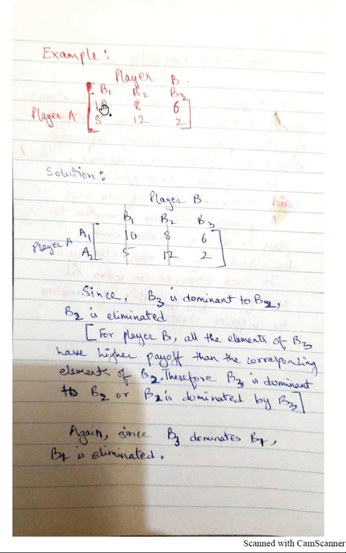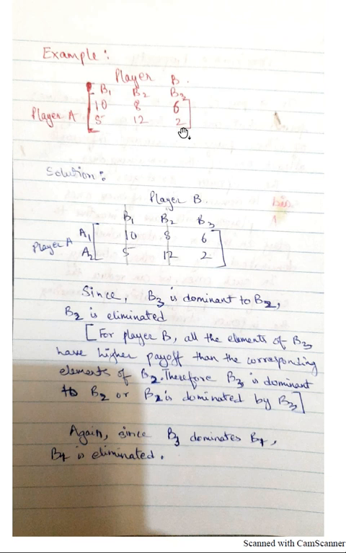So evidently the payoff of player A is 10, 8, 6, 5, 12, 2, and the payoff of player B will be minus 10, minus 8, minus 6, minus 5, minus 12, minus 2.